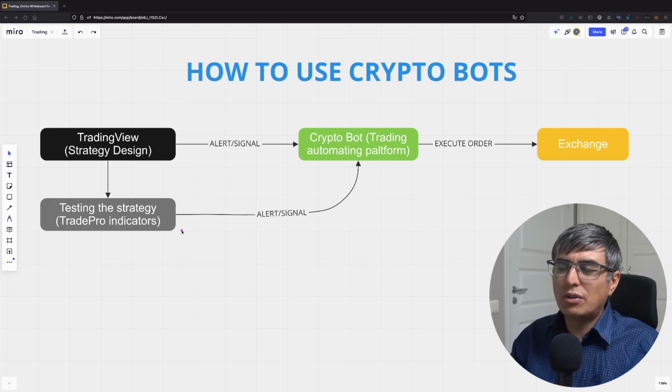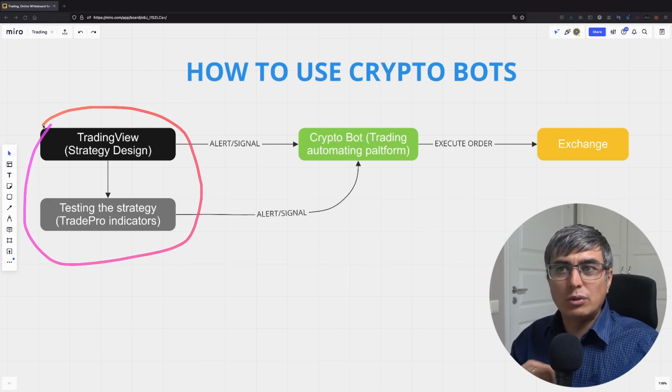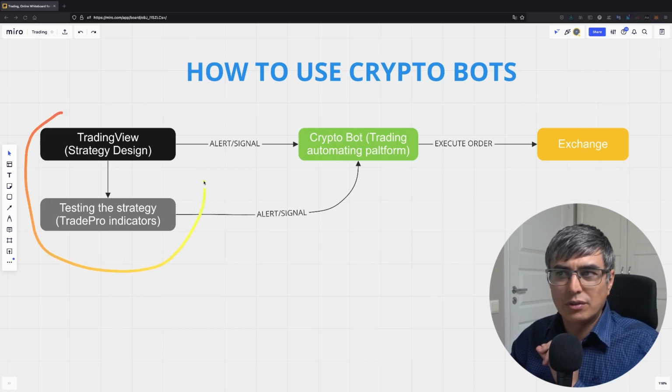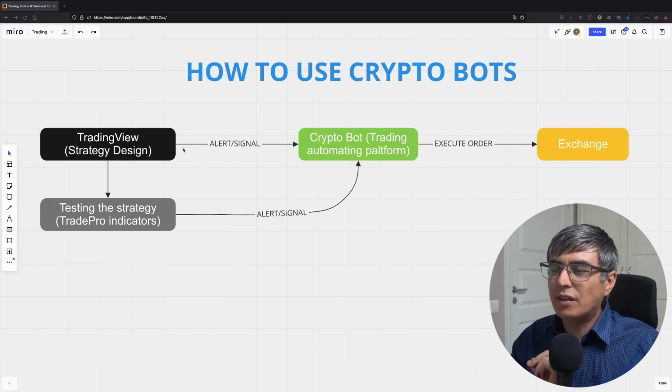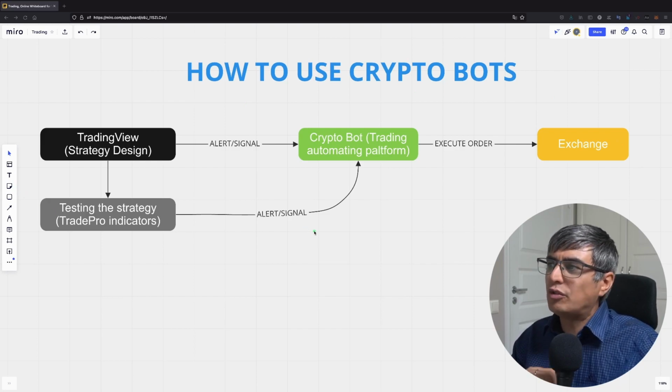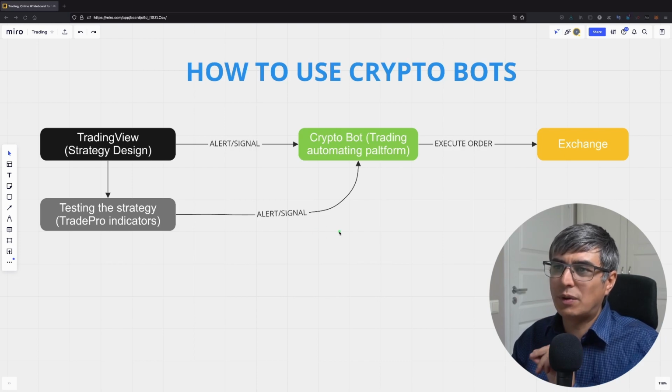Now, just quickly to recap this. We need to devise our strategy in TradingView, and our strategy will be executed by our bot on the exchange. So we need all these 3 components. As always, I am not a financial advisor, and I always recommend you start with the least amount of money.